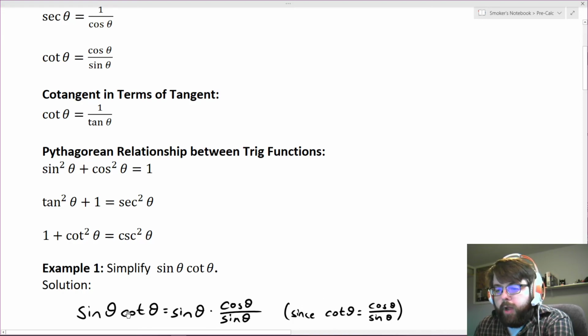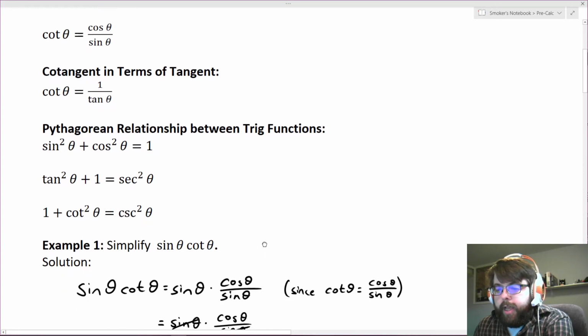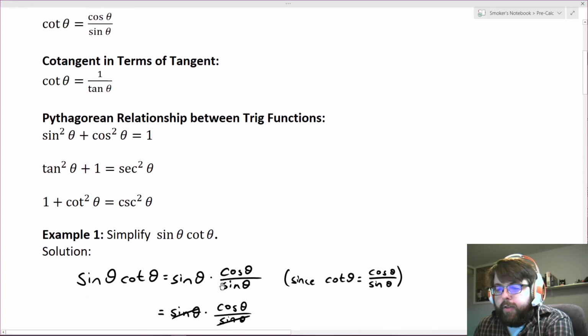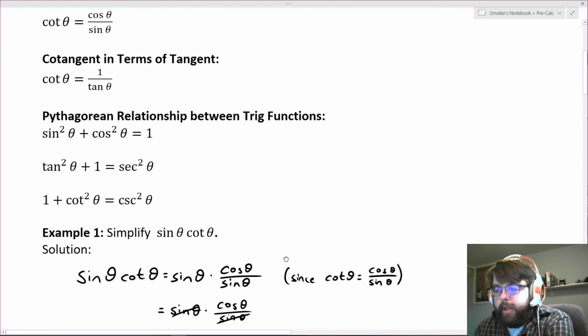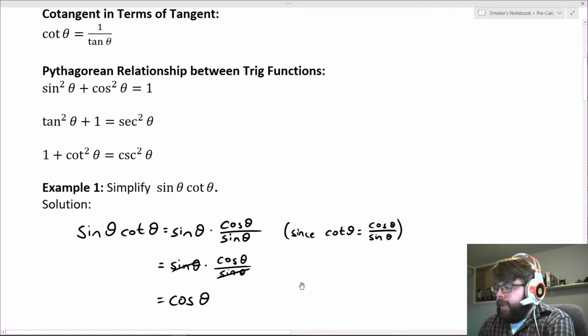So we can rewrite cotangent as cosine over sine, and you'll notice that the sines then cancel out. There's a sine up here, and there's a sine in the denominator. So this would be the same as sine over 1. Sine would cancel out. The 1 in the top will cancel out with the 1 in the bottom, leaving simply cosine. So we brought it down to just one trig function that is simplified.